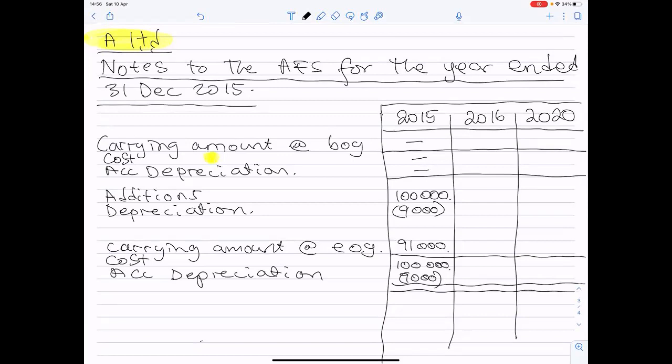So we are going to show it as a movement in the current year as an addition. Are we together? So I am going to say the carrying amount at the beginning of the year is 91,000, constituting of the cost of 100,000 minus accumulated depreciation of 9,000. So in this case, you have got your 91,000 as the opening balance. Is that clear?